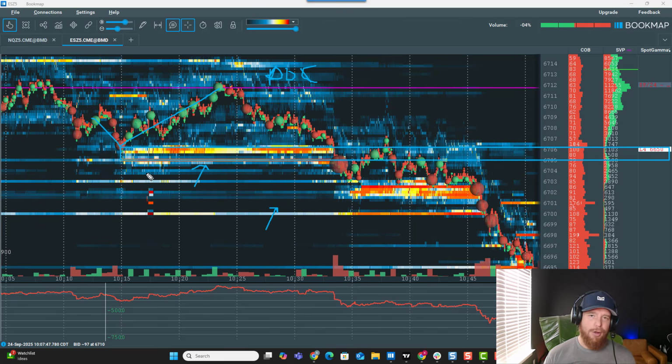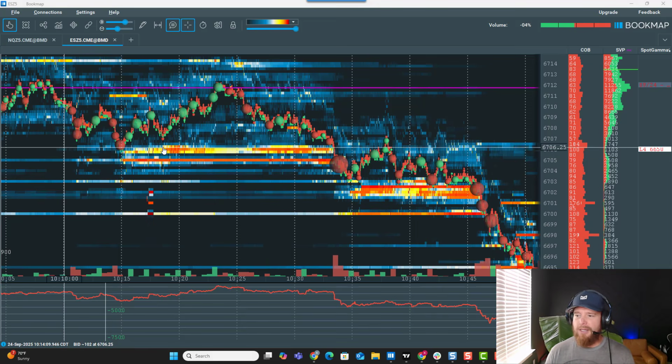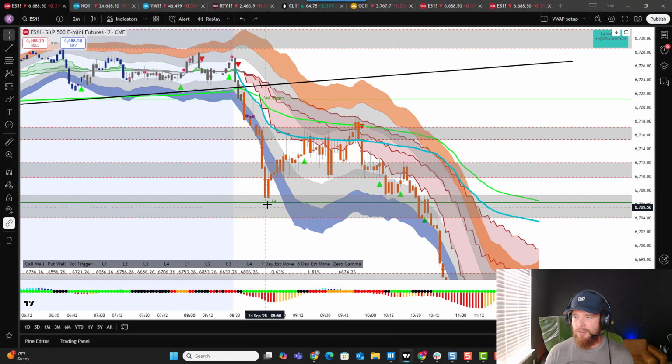But the main point right here is this proves to you that market makers are lining up at these levels to hedge their positions to be delta neutral, especially for the day with the 0 DTE options. So that is one example of how it held. Look, it came right down to it and bounced perfectly to VWAP, and then we did end up going lower. However, another one here is I actually did trade this one.